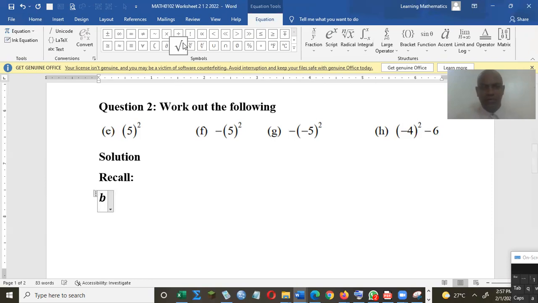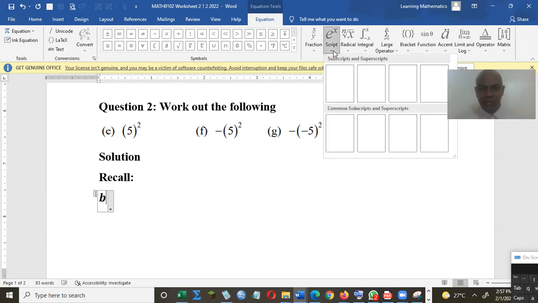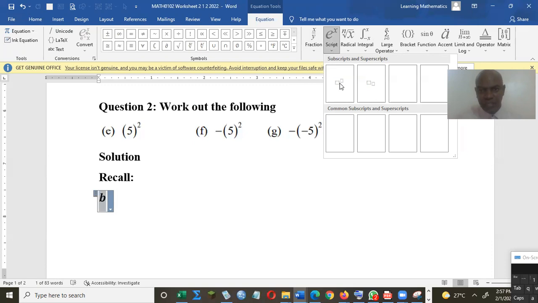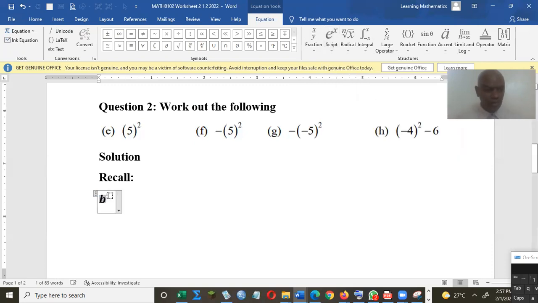B, raise up. Let me highlight B. If you want to put an exponent, you have to highlight whatever you want to be raised as a superscript. Then you go to e to the x, B raised up to the power of 2.